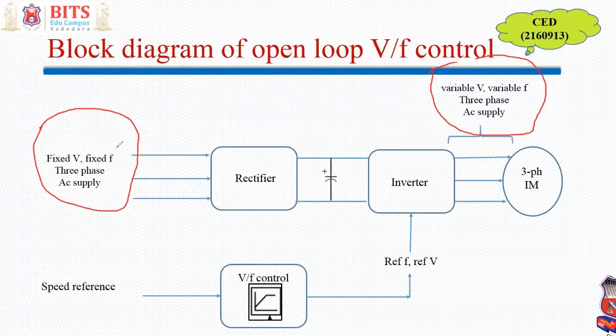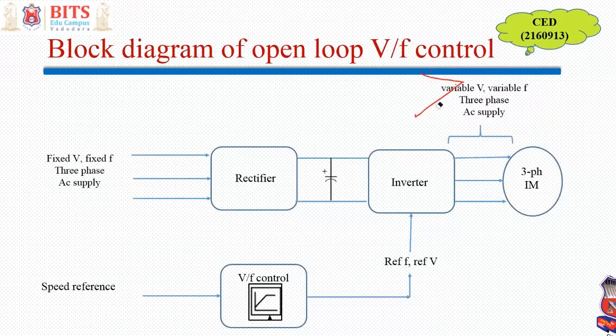So to achieve from this point to this point, we need to basically have these two items intermediate: a rectifier to convert it into DC, and then an inverter so that we can have a variable voltage, variable frequency. So there are different means for achieving the same.